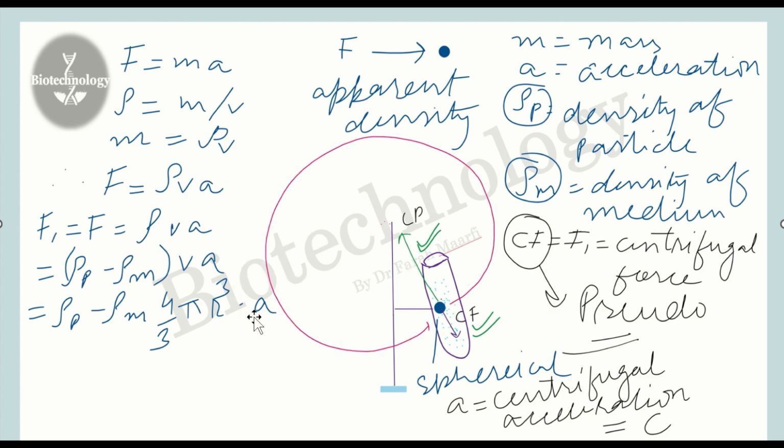So we can write A as C also, or we represent A as C here. Then the formula will become rho P minus rho M, bracket close, 4 by 3 pi r cube into C.